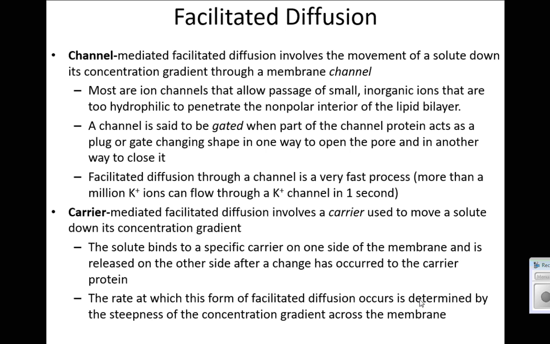This is how most ions get in and out of the cell. Notice how I wrote channel in there with bold, and then over here channel is in italics. That's the difference between channel-mediated and carrier-mediated, which moves it using a carrier. Both go down their gradients. It's just how they get there that's different.